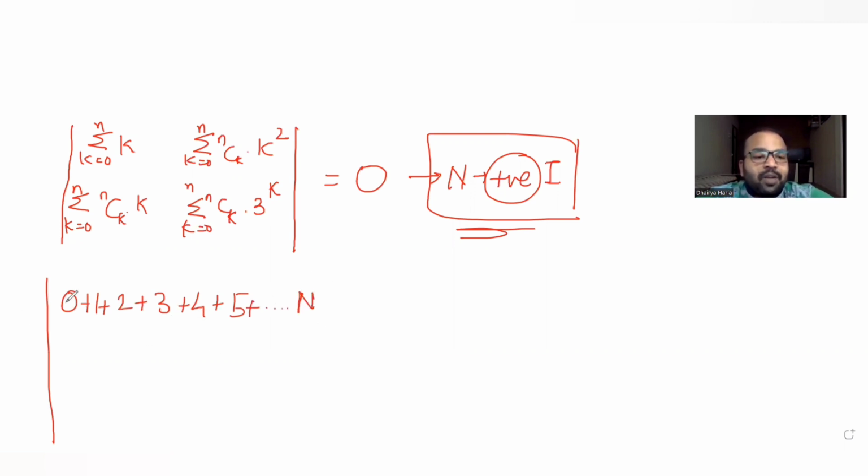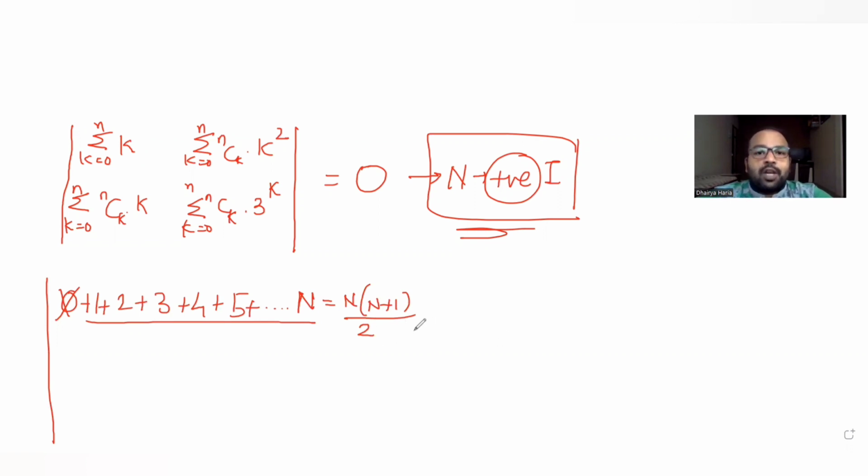Adding 0 does not make a difference, so we use the sum of all natural numbers, n into n plus 1 upon 2. So the first element, added from 0 to n, is n into n plus 1 upon 2.